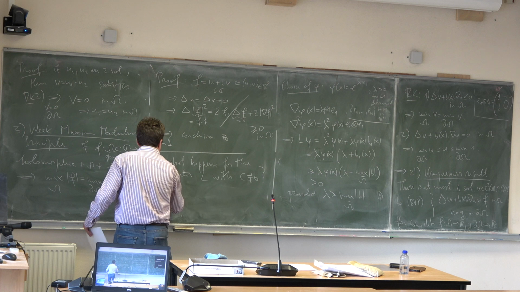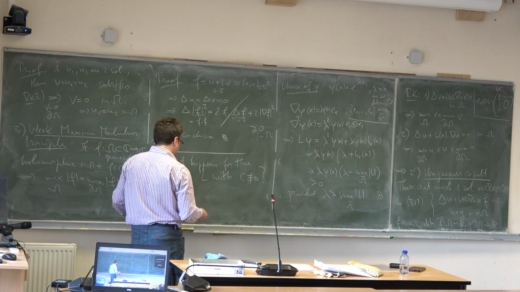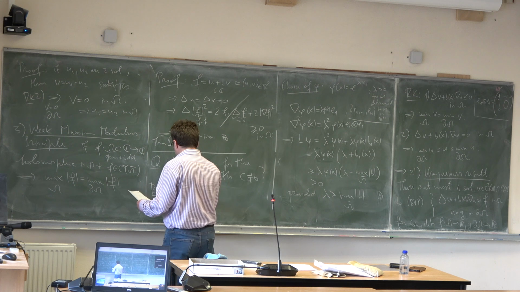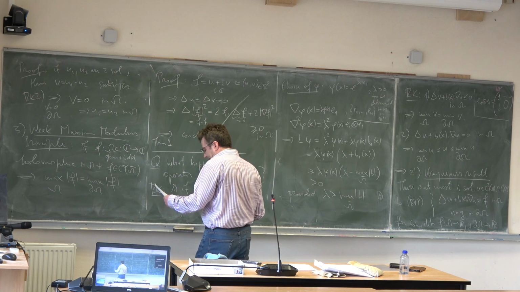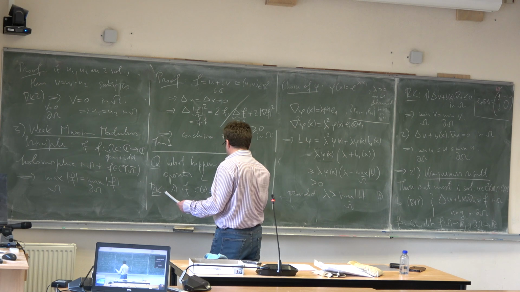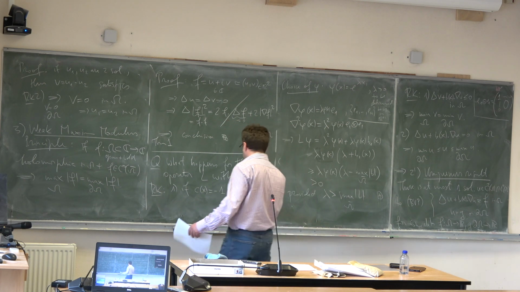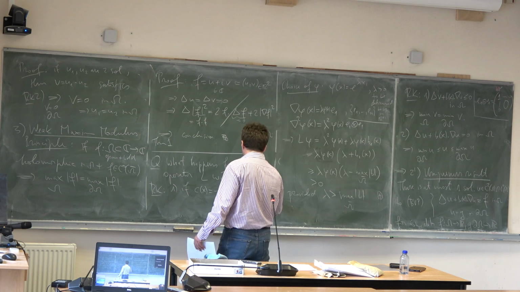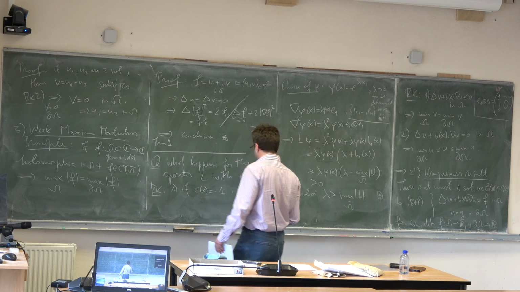So, in fact, what will play a role is the sign of c. Okay, so let's see. So imagine that c of x is negative. So let me take an easy example. c of x is minus 1 in 1D. Okay, so let's take the interval minus 1, 1.